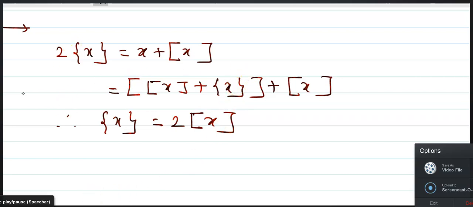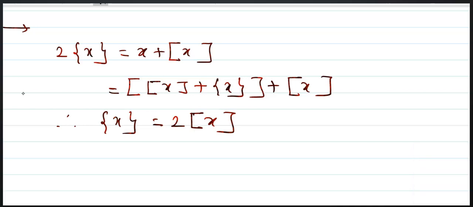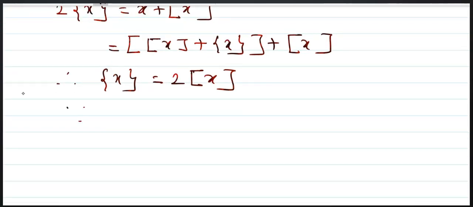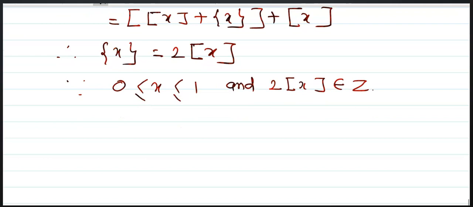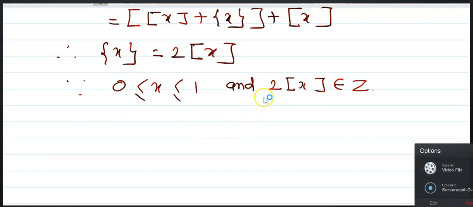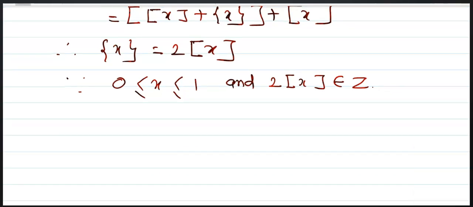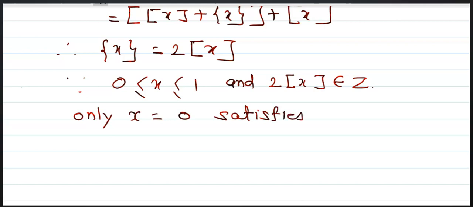So the fractional part lies between 0 and 1, but 2 times the integral part of x belongs to the set of integers, so only x is equal to 0.